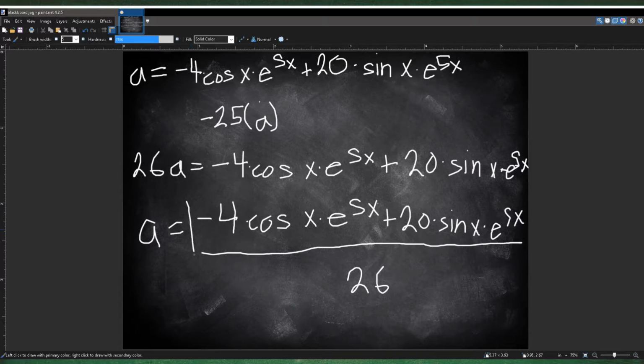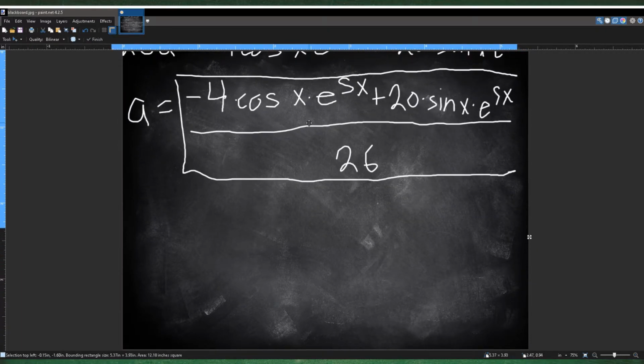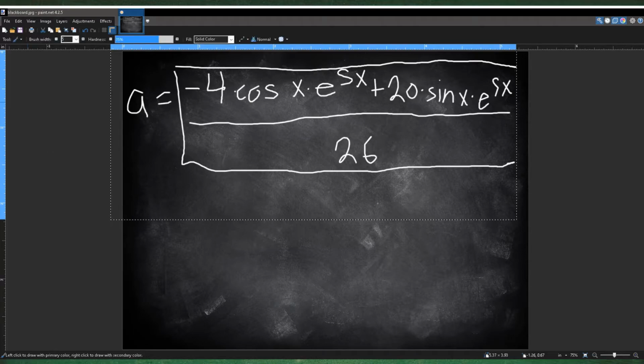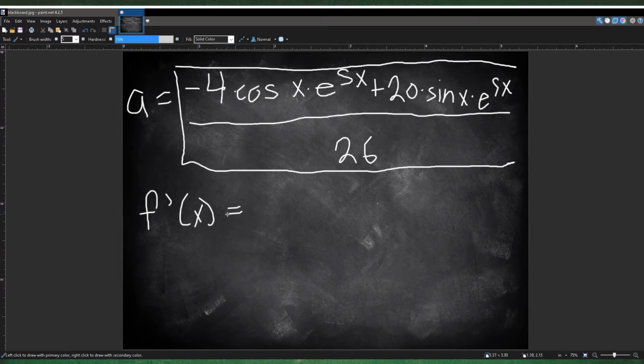And that is the integral of, let's move this up, what we were looking for in the beginning, which was, okay, we had the derivative equal to 4 e to the power of 5x times sine of x, right?